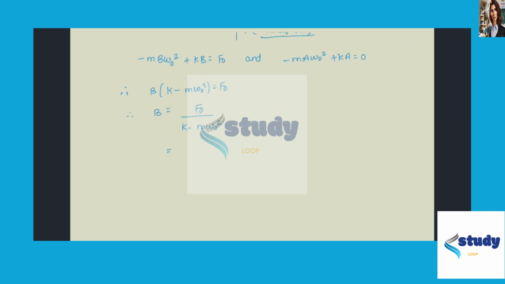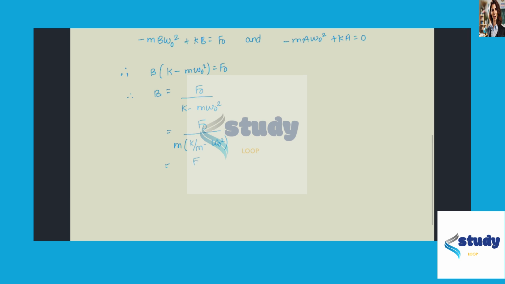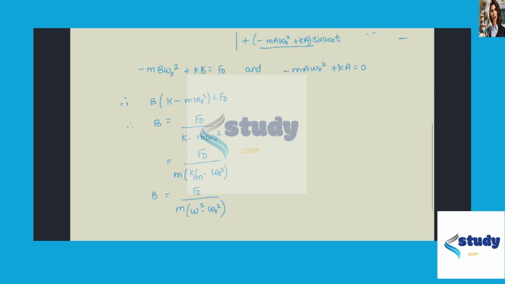If we take m out of the denominator, we get k by m minus omega naught square, and we know k by m is omega square. So this becomes m times omega square minus omega naught square. So this is the value of b. And from the other equation, if we take a common, we get k minus m omega naught square times a equals 0.